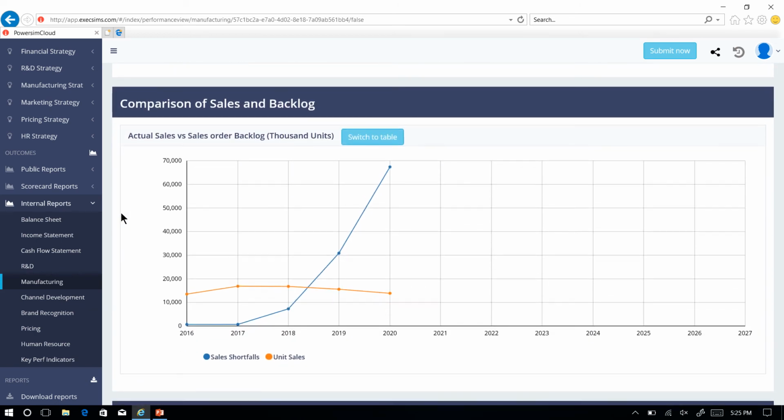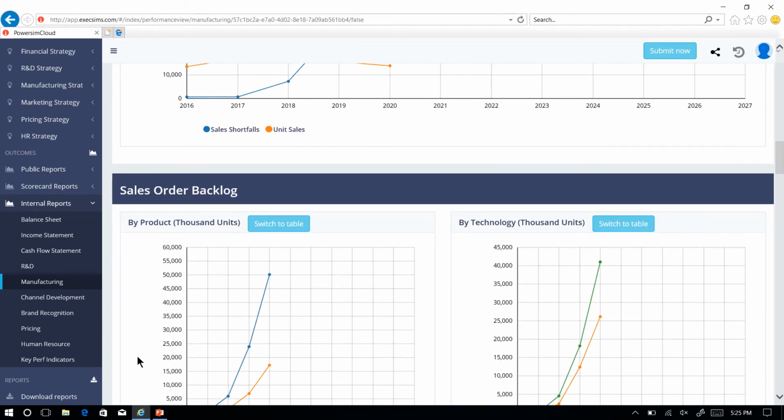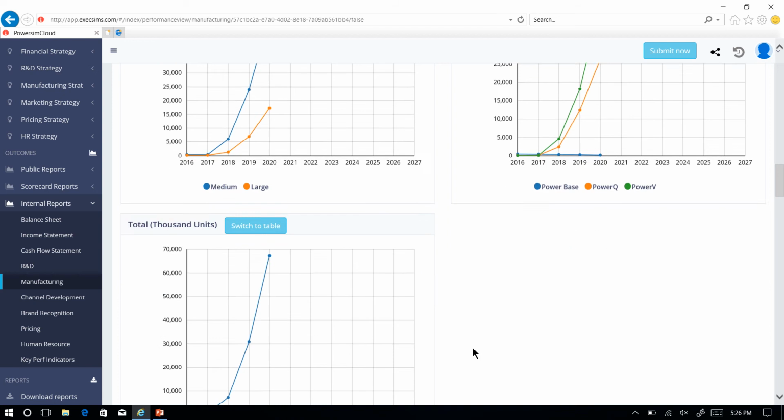And then here we can look at the comparison of sales and backlog. And we have actual sales versus sales order backlog in thousands of units. And then here we can see the sales order backlog by size. And then here we can see it by technology.